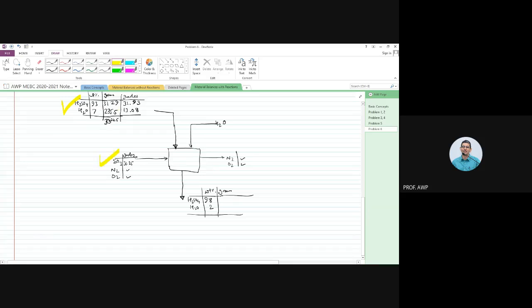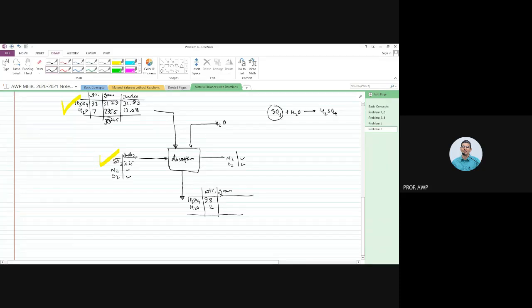Now what is happening in this absorption process? SO3 is getting absorbed in water and giving us H2SO4. So every 1 gram mole of SO3 that reacts, 1 more gram mole of H2SO4 is going to form.